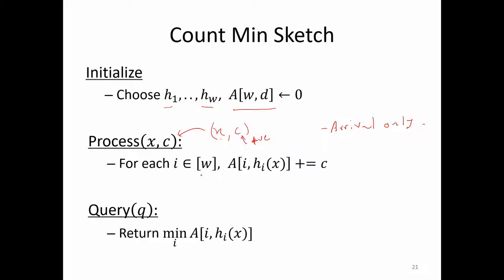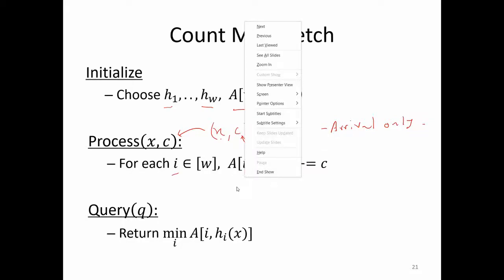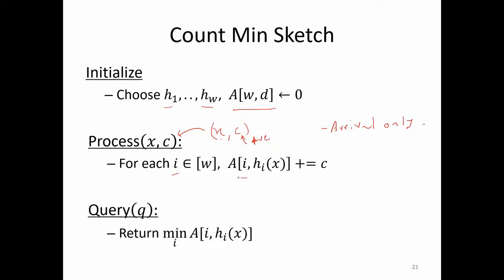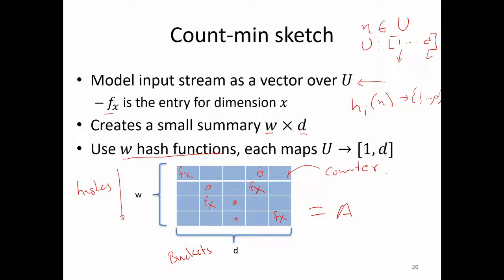Now you pick each hash function I, each of the W hash functions, in 1 to W. Then you update the cell A of I and Hi of X. Remember, the item X corresponds to the ith row and the Hith column.